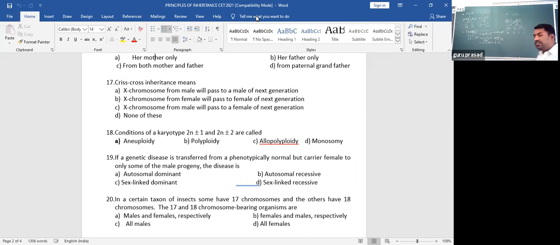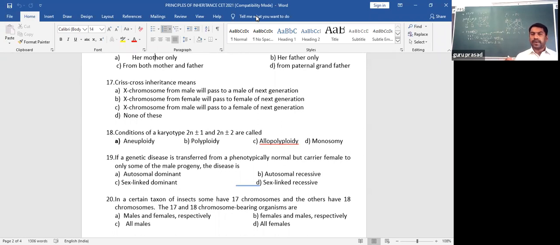So a mother receives the X chromosome from her father, and that X chromosome she may transfer to one of her sons, because human male is XY. So X is from the mother. As such, she received an X chromosome from her father, then she transfers that same X chromosome to her son.